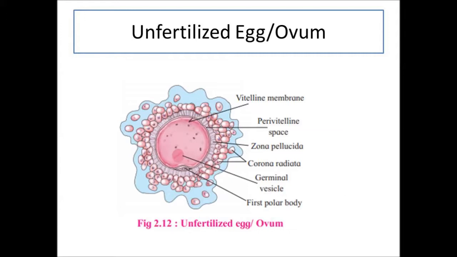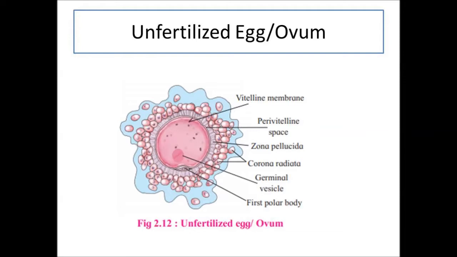Between the vitelline membrane and the zona pellucida there is a cavity or space which is filled by a fluid, called the perivitelline space. The first polar body lies in this space. The egg shows polarity.